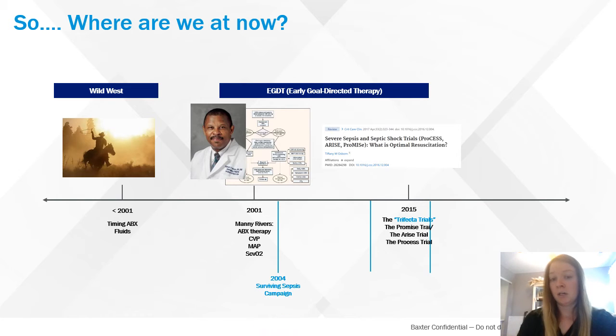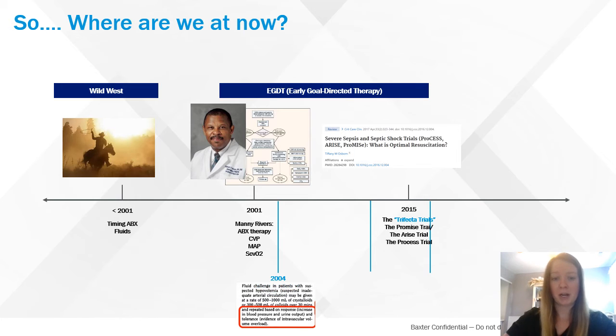Well now, 2004, the Surviving Sepsis campaign, we were still a little outdated. The Surviving Sepsis campaign said that they wanted to use crude metrics such as blood pressure and urinary output to identify patients that were adequately perfused. However, with that, we saw tons and tons of fluids being administered to these patients.